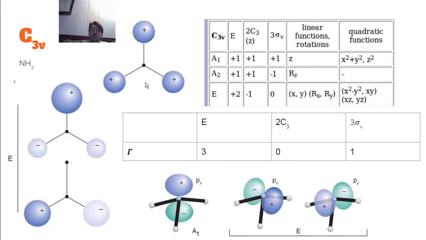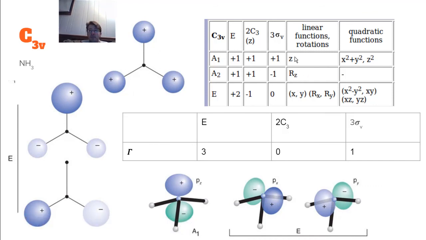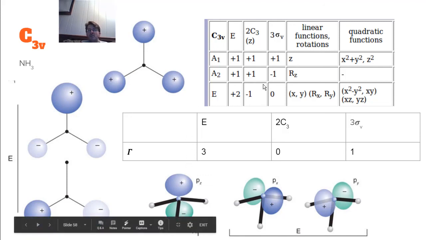Now comes the fun part. You can see that one of these is A1 and the other two are E, and then if you look, the A1 would be on the nitrogen. We see that this has a PZ orbital. So the PZ would overlap with these. There would be some S character too.